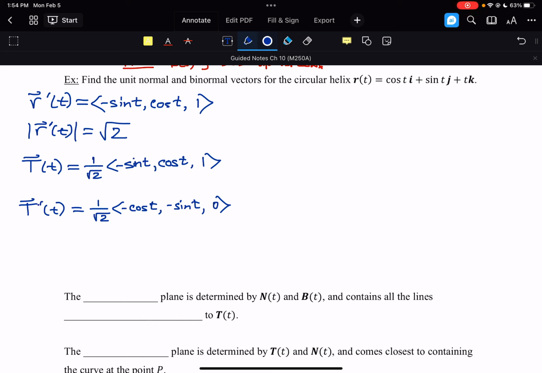So this is the start of that normal vector N. We also need its length, which, with this one you do cosine squared plus sine squared, so it ends up just being 1 over root 2.